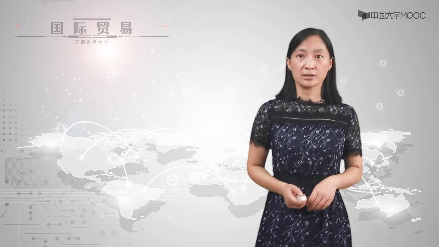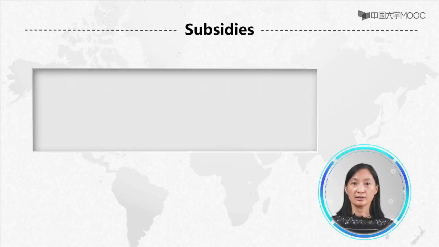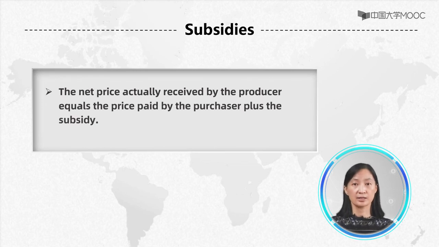In both cases, the government adds an amount to the price the purchasers pay rather than subtracting from it. The net price actually received by the producer equals the price paid by the purchaser plus the subsidy. The subsidized producer is thus able to supply a greater quantity at this price.